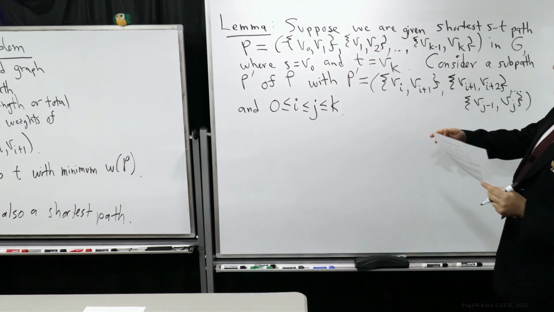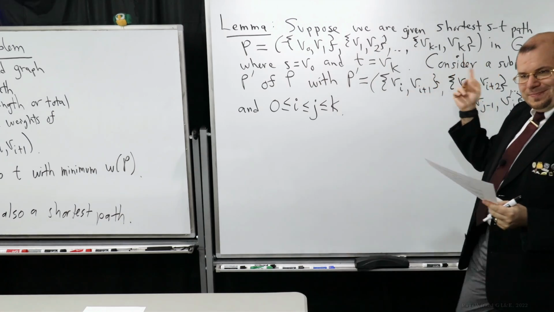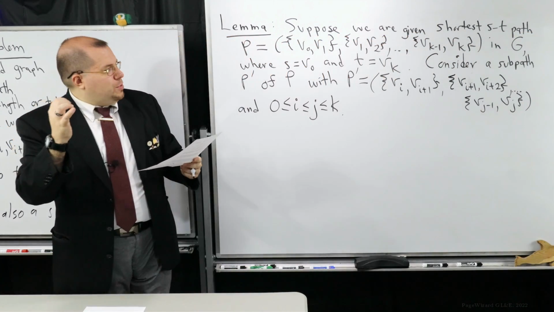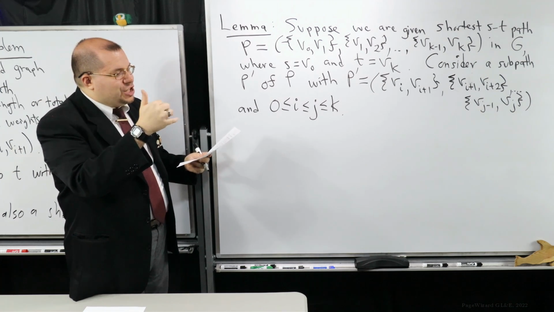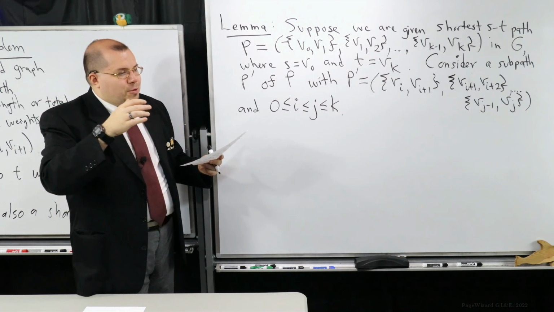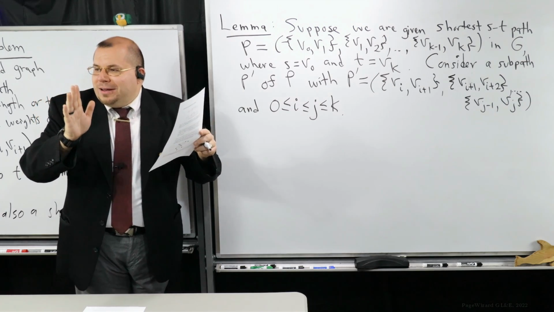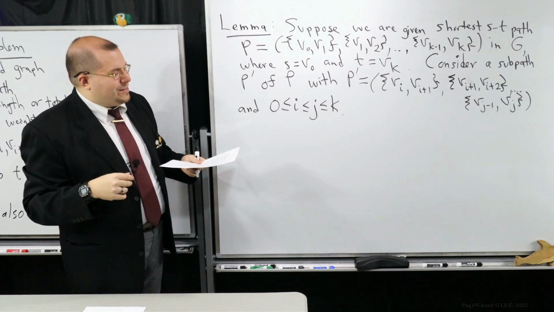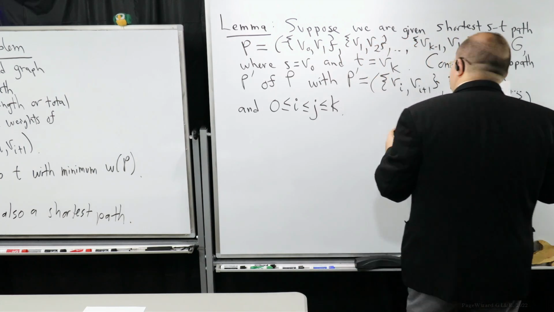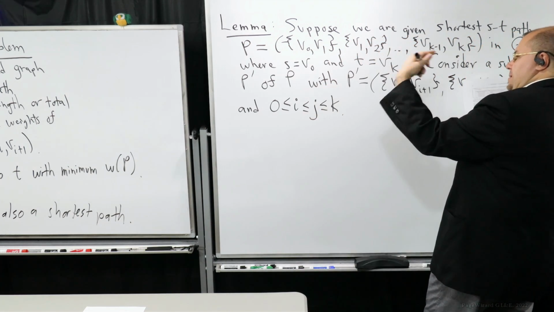So this is going to be somewhere along our shortest s-t path. I'm going to pluck off i and j. They could maybe be at the start, or maybe towards the end. The point is it's somewhere in that path P. It's one subpath in the larger path.